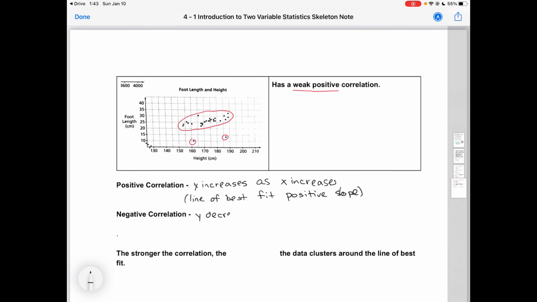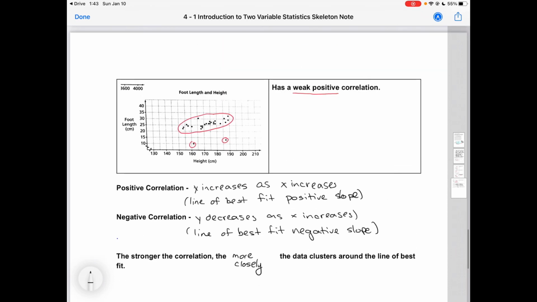A negative correlation is that y decreases as x increases, or my line of best fit would have a negative slope. The last thing that I will say is that the stronger the correlation, the more closely the data clusters around the line of best fit.